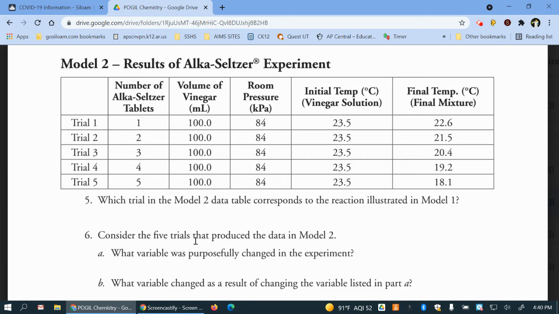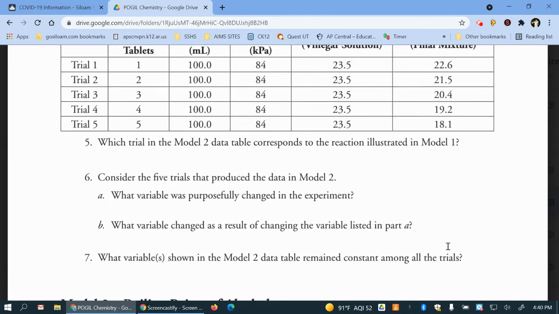The variable that was changed on purpose or changed by the investigator was the number of tablets. We can see that in trial 1, they just added 1 and then they increased by 1 every single time. The result of adding more tablets to each beaker was that the final temperature became colder and colder with every tablet they added. Let's scroll down and look at the next question.